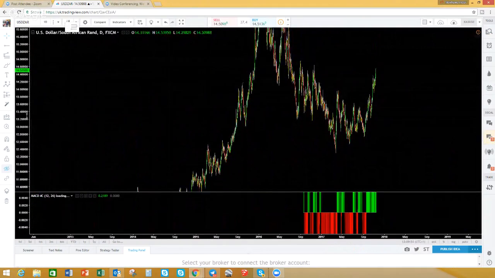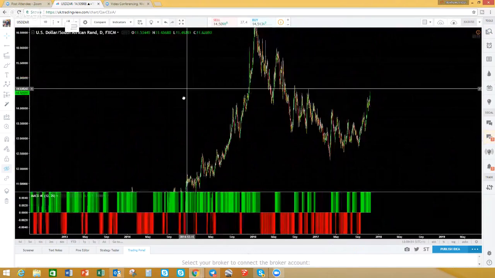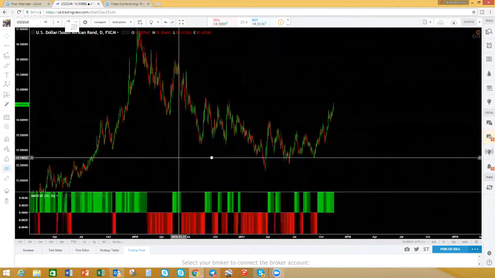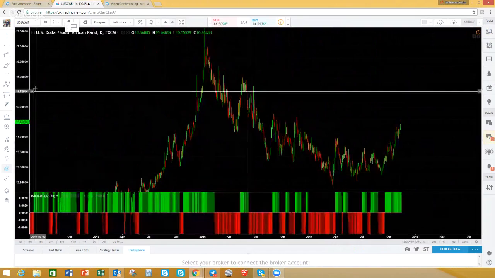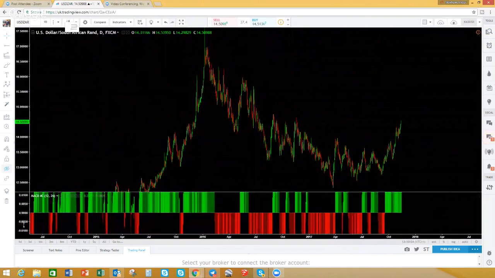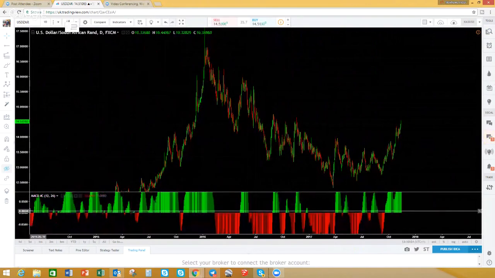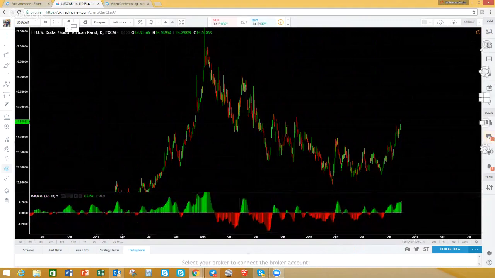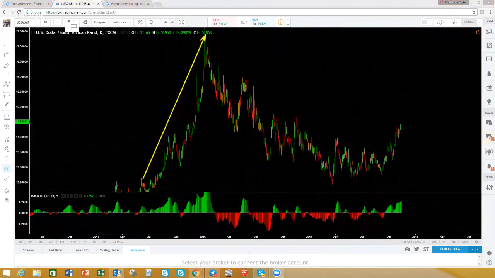All right. This US dollar ZAR, big impulse to the upside. Let's fix it now there. Big impulse to the upside. Correction. 1, 2, 3.